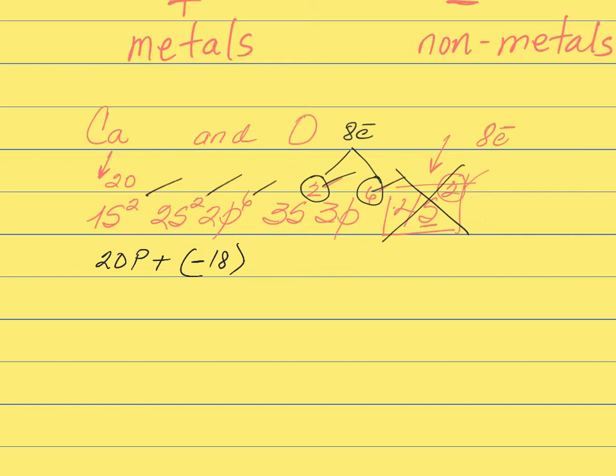If you do the math, you will realize that by losing those 2 electrons in the last level of energy, calcium is gonna be converted into a cation with a positive 2 charge. That positive 2 that you have on top is the oxidation number, which is the charge of the atom after losing or gaining electrons.